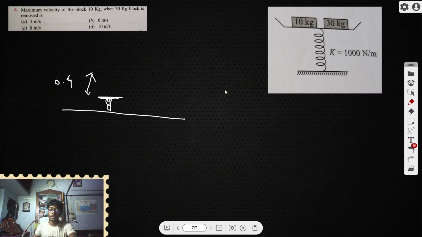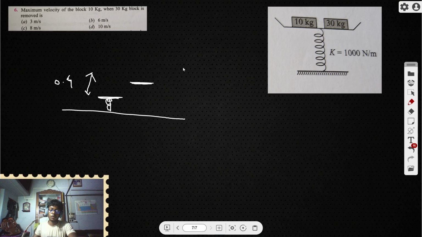When this 30 kg is removed, immediately the compression of the spring decreases. So it may decrease to this much height. I don't know at what height, but after that, the jerk makes this 10 kg block fly off another 0.2 meter.